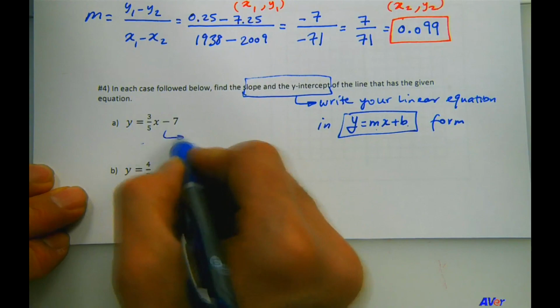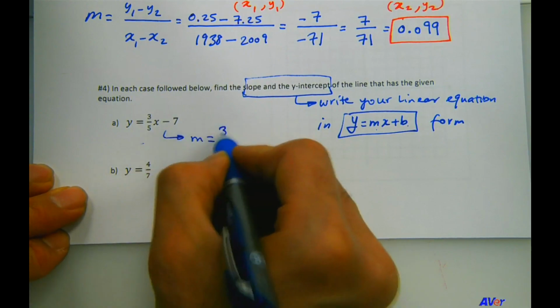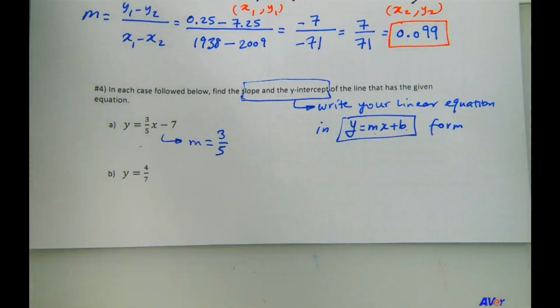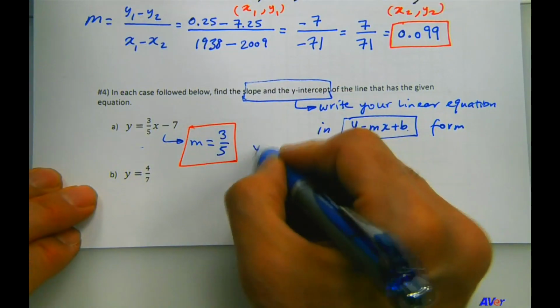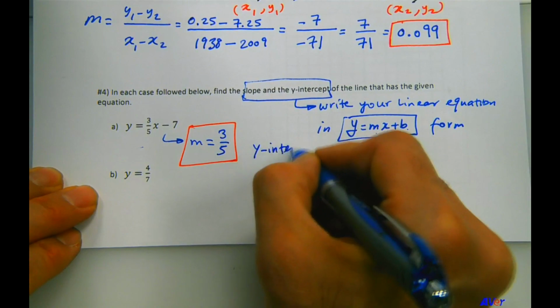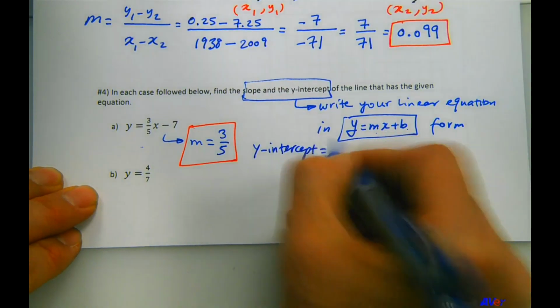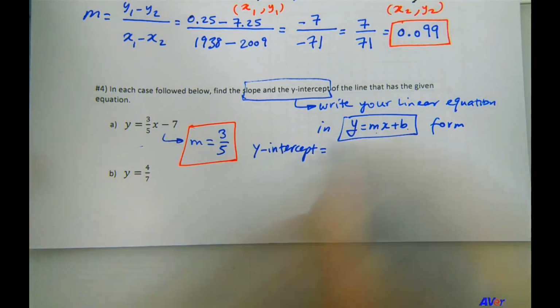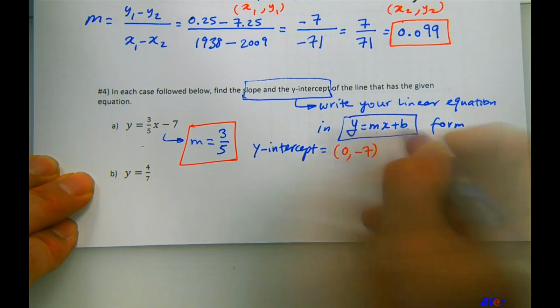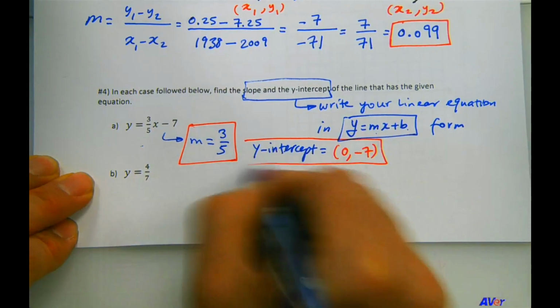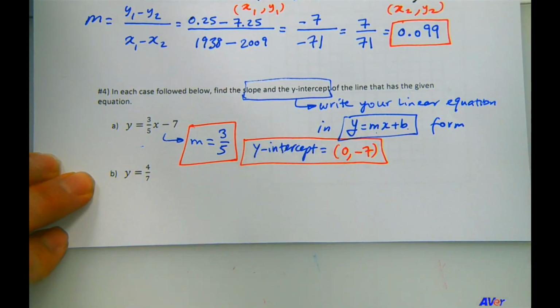So the slope of this equation is 3/5. And the y-intercept is equal to -7, or 0 comma -7. Okay, y-intercept 0 comma -7.